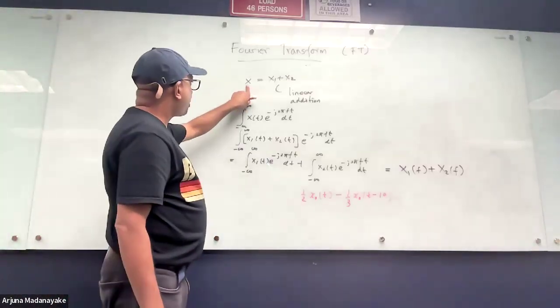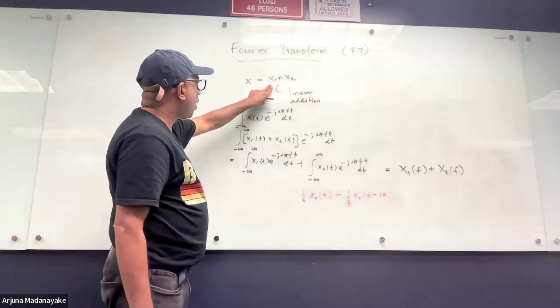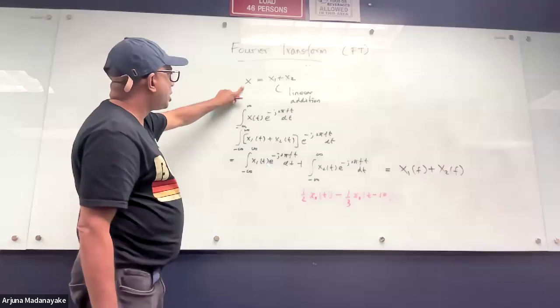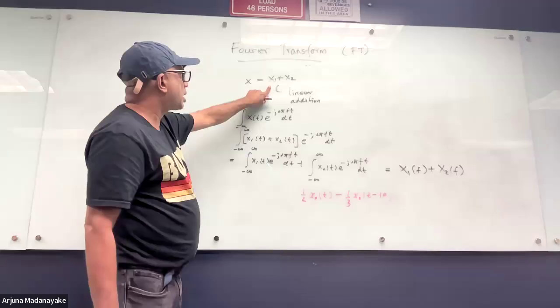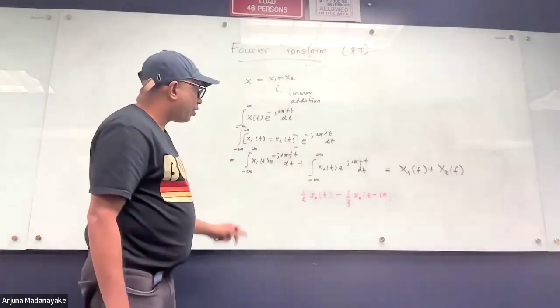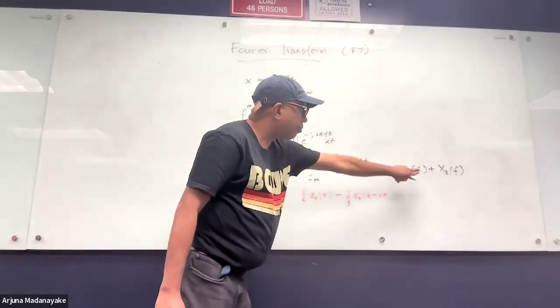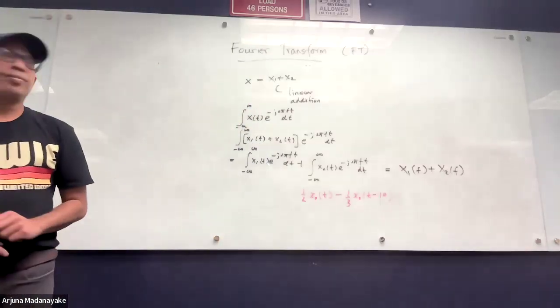So if simple x is the sum of simple x1 and simple x2, the Fourier transform of simple x, which is capital X, is equal to the Fourier transform of simple x1 plus the Fourier transform of simple x2, from linearity. So we can write the two components simply as X1 of f plus X2 of f. The property moves from time to frequency.